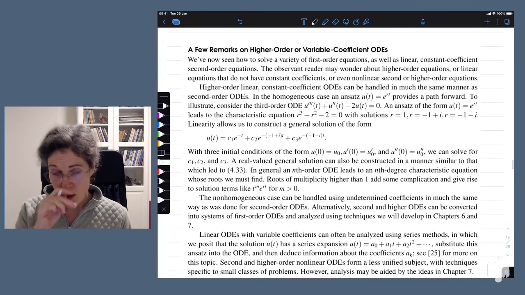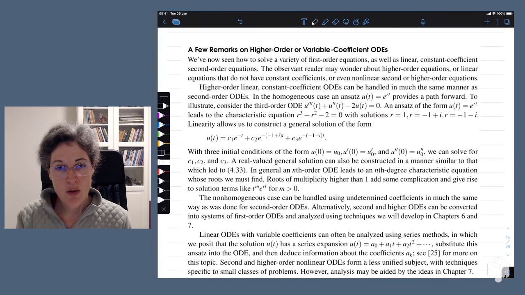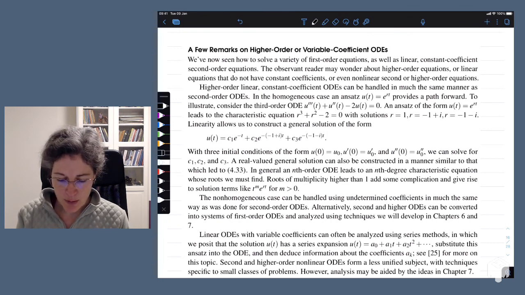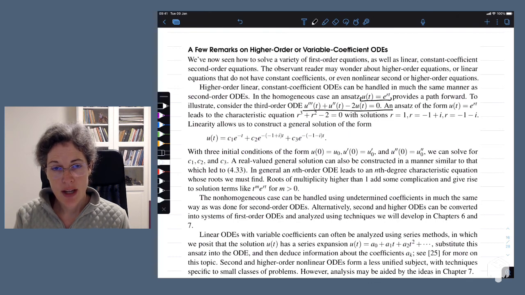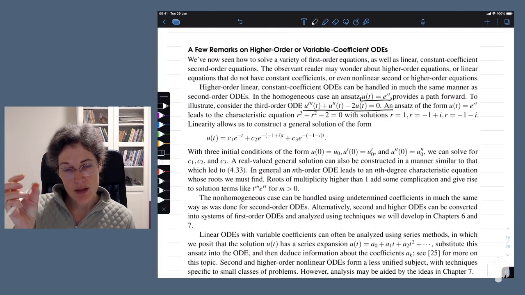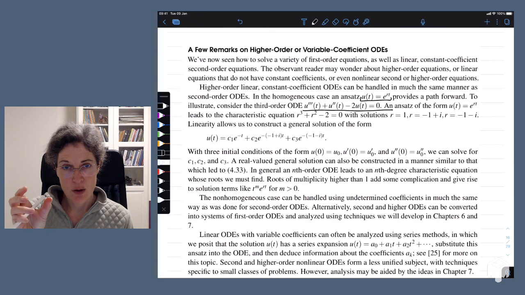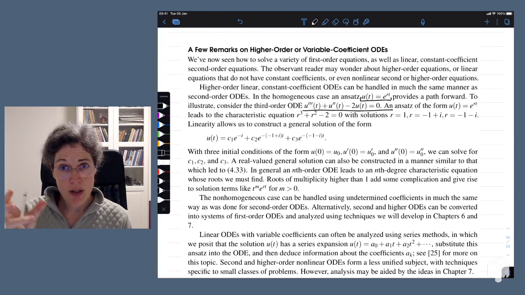A few more things that you might be wondering. Can you apply these techniques that we've used to higher order differential equations? And the answer is absolutely. So for example, if you have a third order ODE, you could try it with the same form there. Then instead of getting a quadratic as your characteristic equation, you'll get a polynomial of order 3, which will have 3 roots.